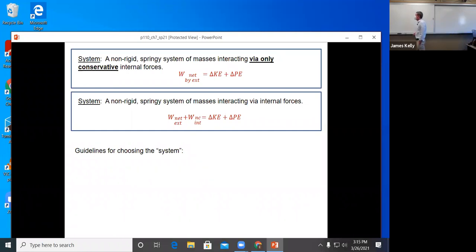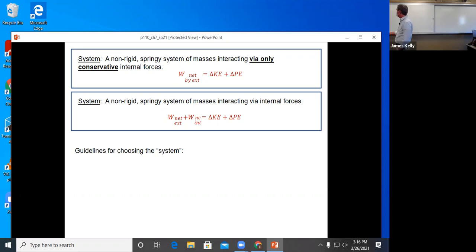So our goal for today is to finish talking about power, and there's just a couple of comments I wanted to make about these work energy relations in particular. Now that we've got some experience with problem solving, here are generic guidelines for how to choose what's in your system. You have a lot of latitude, but sometimes one decision is better than others. It will either make things easier or it will be impossible if you choose the wrong system.